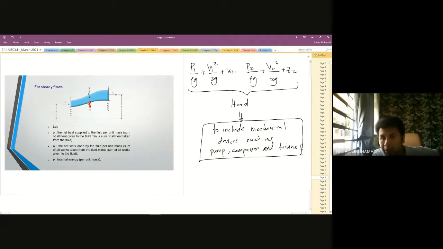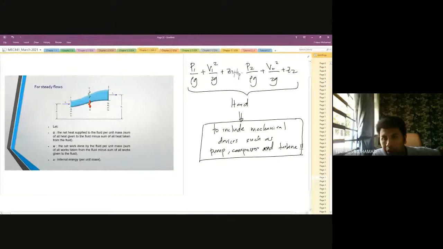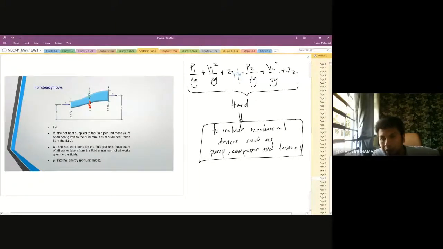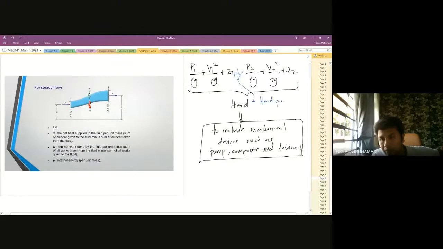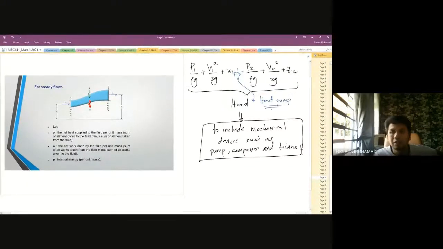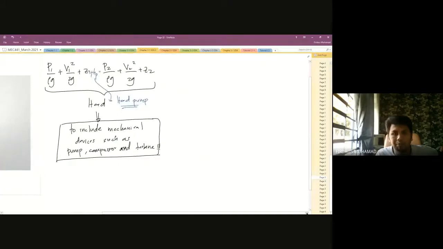So for example, if we apply a pump, we need to include HP here for the head pump. Okay, so let me give you a simple example.